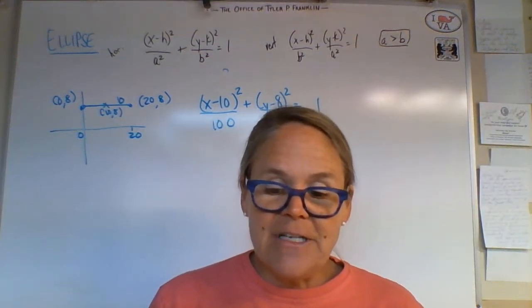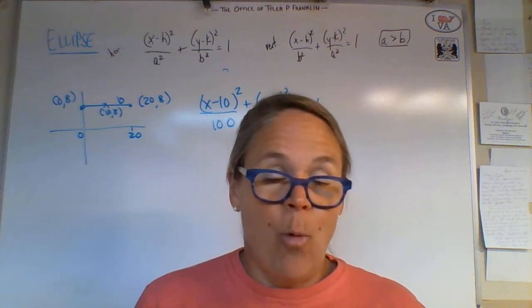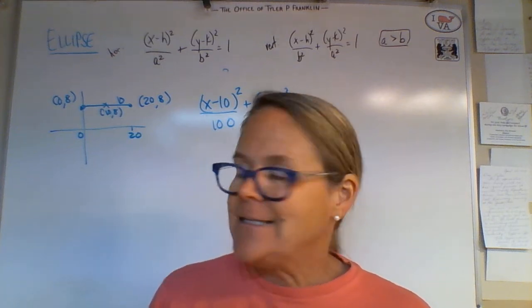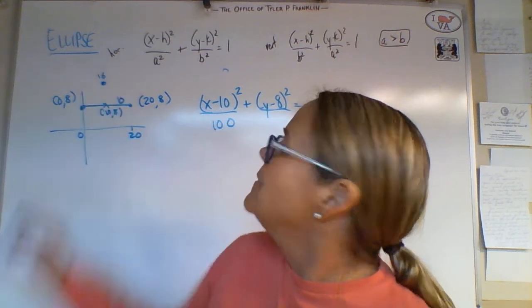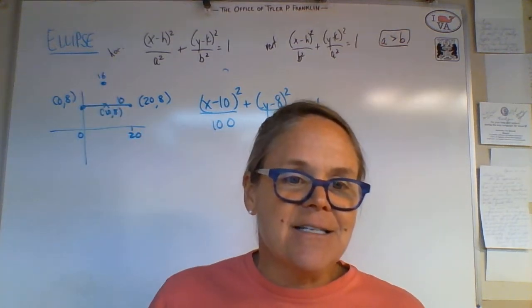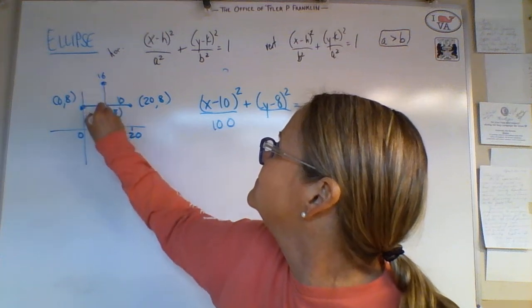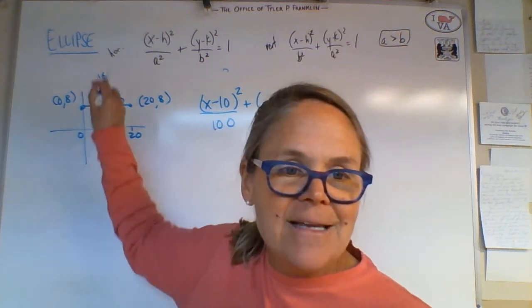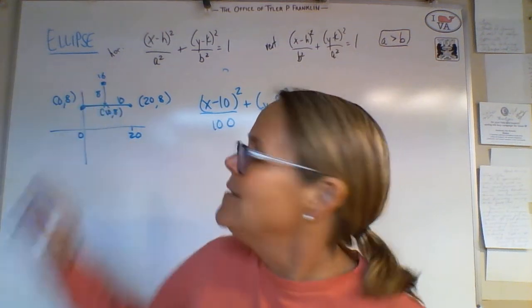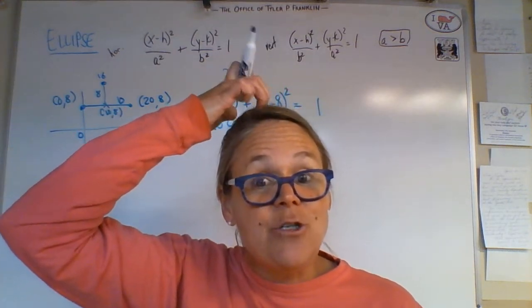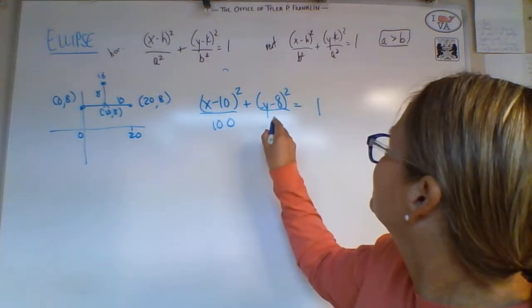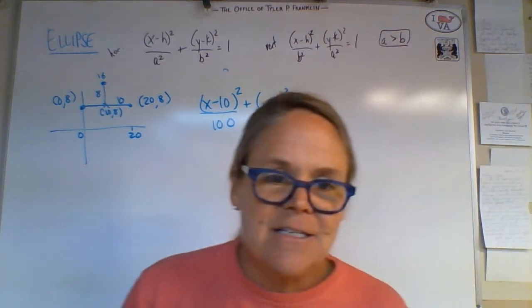Now for the co-vertices, really you just need one of them, 10, 16. If you know that's at 10, 16, from 8 to 16 is 8 spaces. 8 spaces squared is 64.